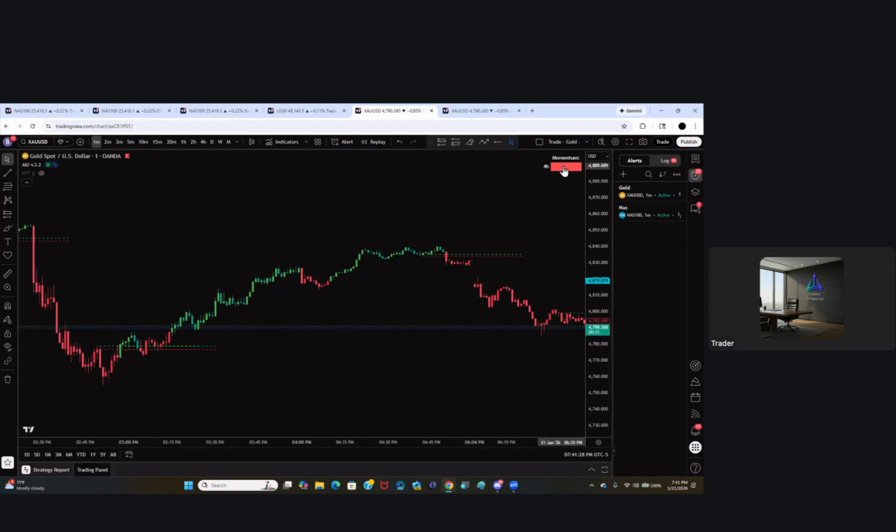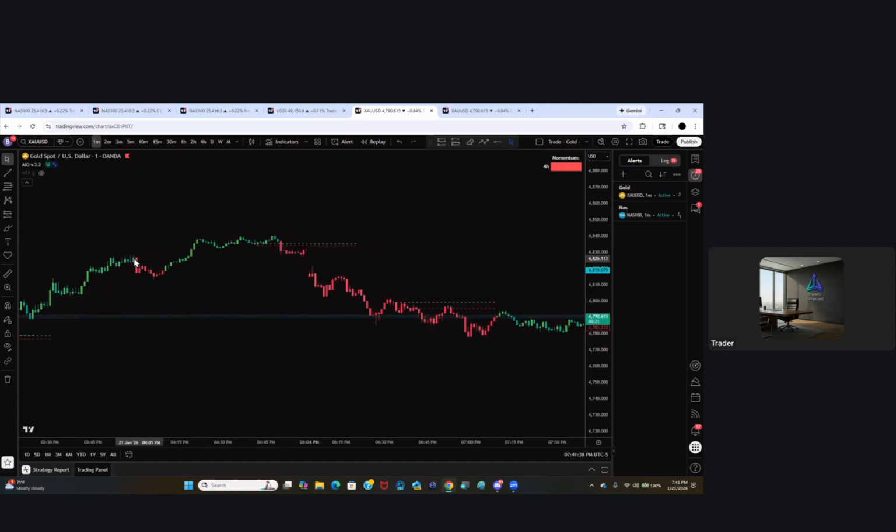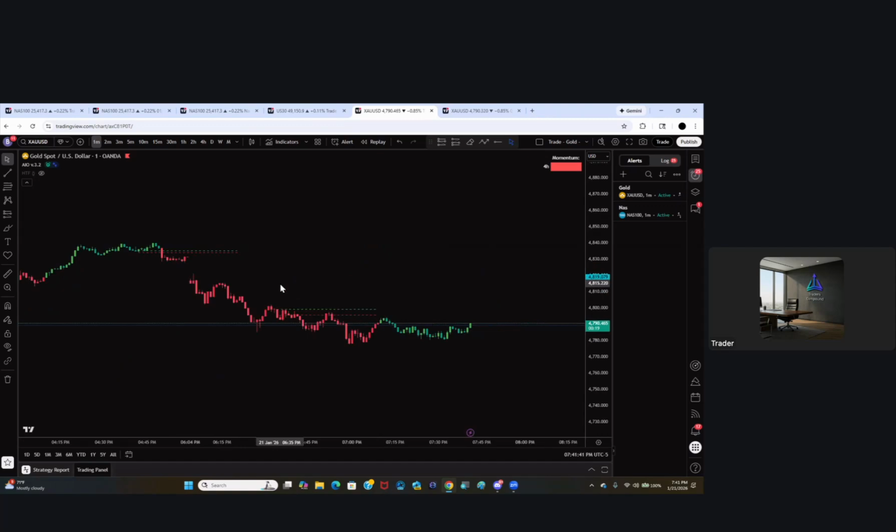So let's say this was green, then you trade on that green candle, that green candle, that green candle, and every time it turns red, you close the trade. And if that's red, you just do the opposite. Just trade on the red candles and then hold it until it turns green. That's a simple trading strategy that's very valid. It's a very good trading strategy. Some people are doing that.